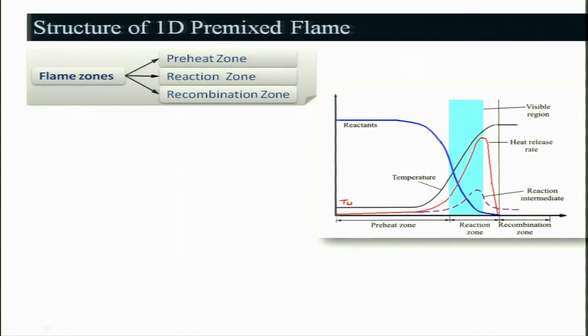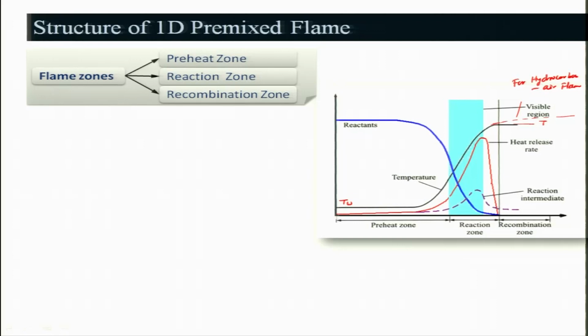Although I have made it flat, in the case of hydrocarbon air flames it increases asymptotically, but not for others. For our purposes, we will consider that it is just flat.